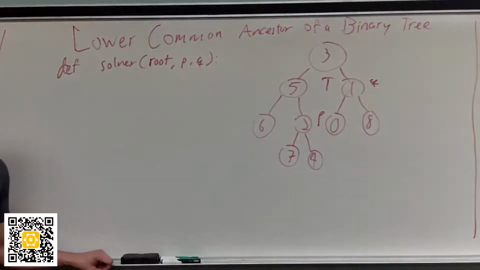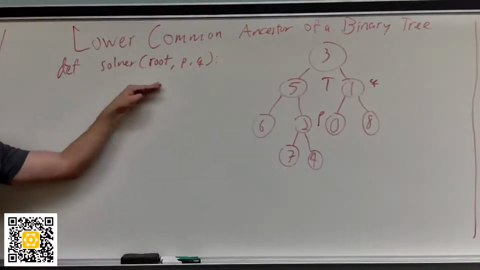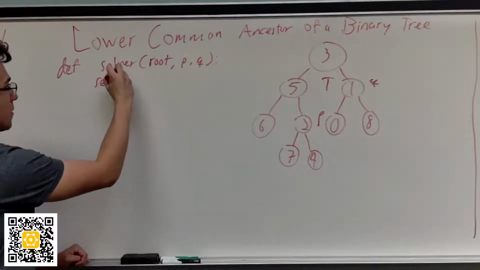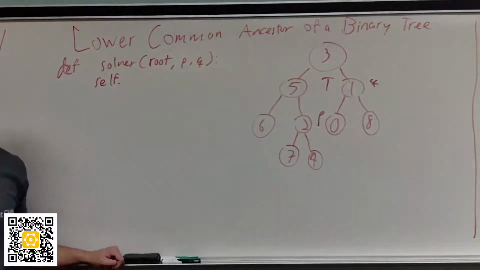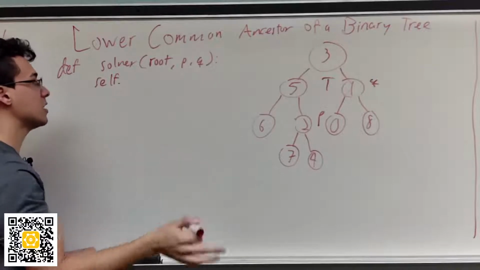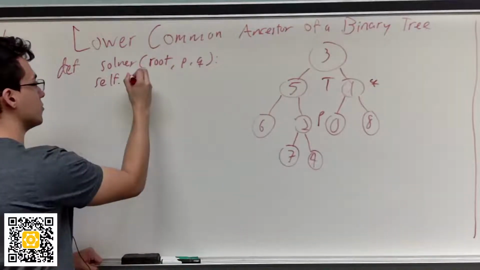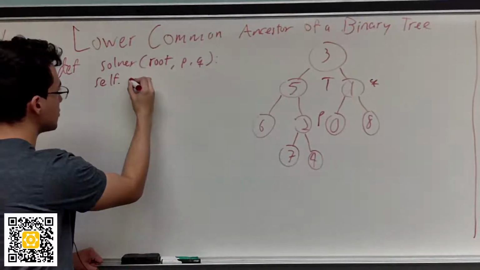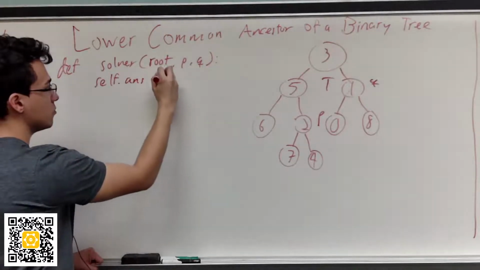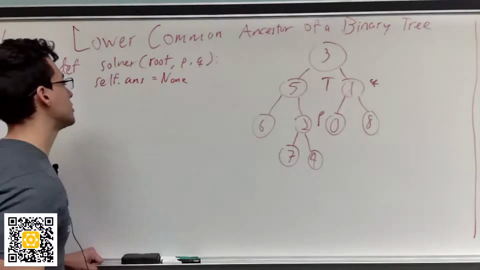We're going to need a helper function, but on top of that, we need a global variable. Well, global in the scope of this function. So we have the class solution. This is a function in the class, and self refers to a variable that can be accessed in any part of the class, right? So say you make an object that has an answer, and we'll say it's none.